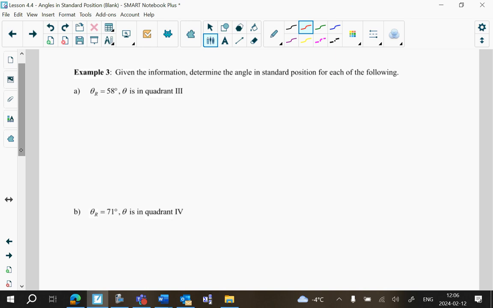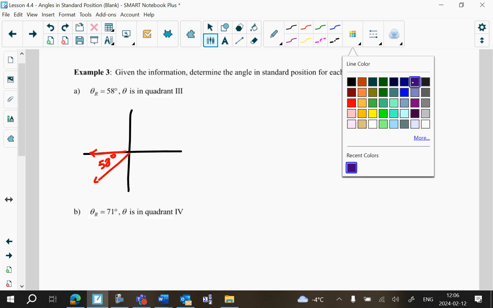So 58 degrees in quadrant 3. The reference angle is 58. So again, if you want to see it, you would draw a 58-degree angle in quadrant 3, and you're trying to find this.